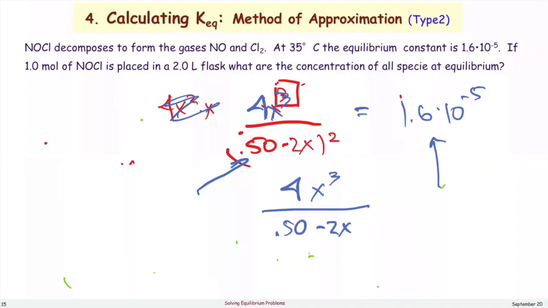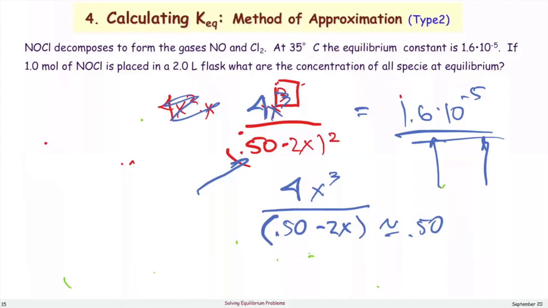But if you've got enough initial concentration and very little amount of it is depleted, that's approximately 0.50. Not very much of it is going to get consumed. That's the key. And how do I know that? Because of this quantity right here. You make that bold assumption because you're assuming that the equilibrium constant is so small, not much of the reactant is going to be converted to product.